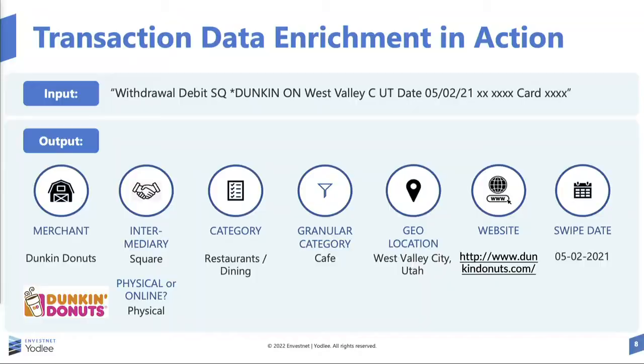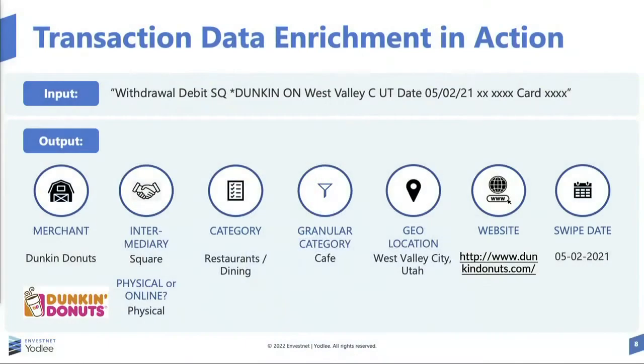If you look at the description, an interesting thing is that the merchant is Dunkin' Donuts, for which there was a signal. But more importantly, there is another merchant there, the intermediary Square. So in fact this transaction has two different merchants: the end merchant where the purchase happened, but also an intermediary, Square. Square was used to make the purchase there.